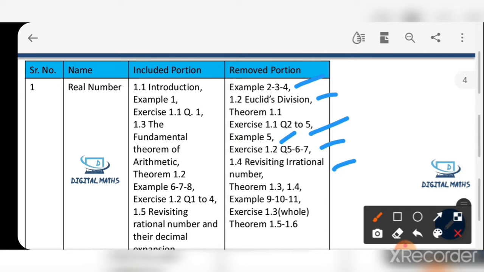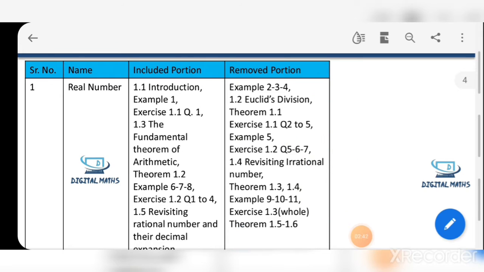Examples 9, 10, 11 removed. Exercise 1.3 whole removed. All of exercise 1.3 is removed. You must remember it. Okay, and theorems 1.5, 1.6 are removed.